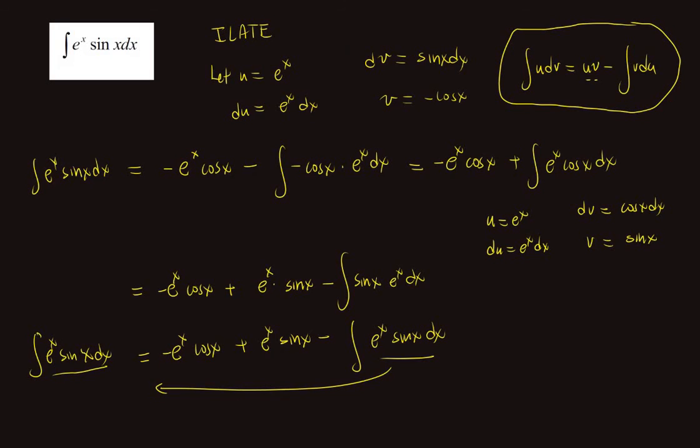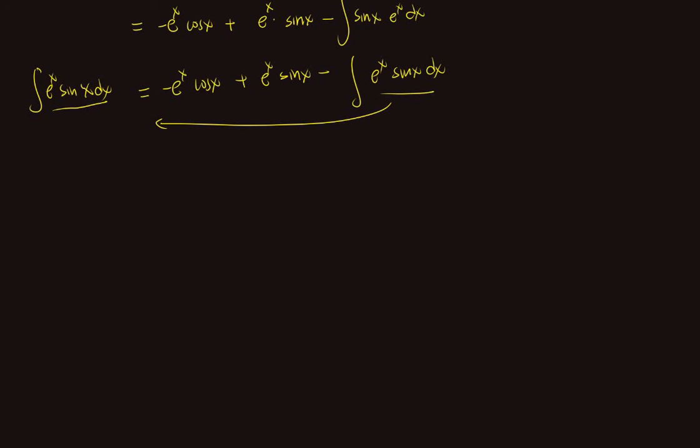Sending it to the other side, we will have the integral of e to the x sine of x dx plus the integral of e to the x sine of x dx equal to minus e to the x cosine of x plus e to the x sine of x.